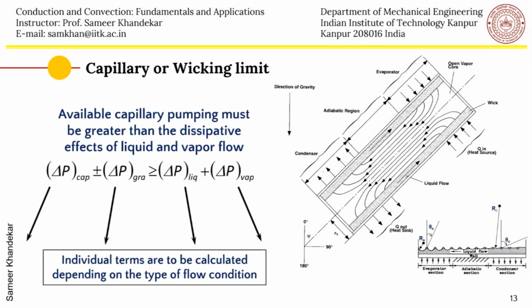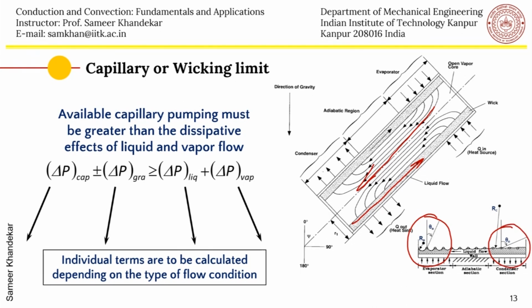In the evaporator you have a finite radius, which can maintain the capillary pressure difference, and on the condenser side there is flooding taking place, and the radius of curvature is very large compared to R_E. R_C is way larger than R_E, and therefore the water is able to be pulled towards the evaporator.